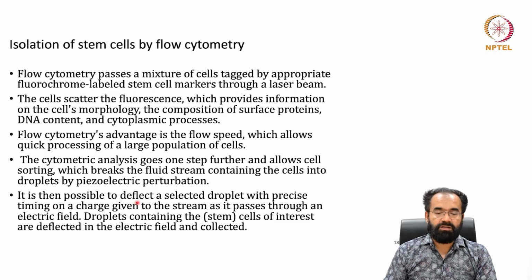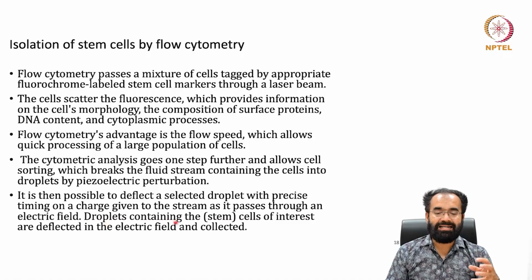It is then possible to detect a selected droplet with precise timing on a charge, and this droplet has a charge given to the stream as it passes through an electric field. So the cells can be separated at a given electric charge.